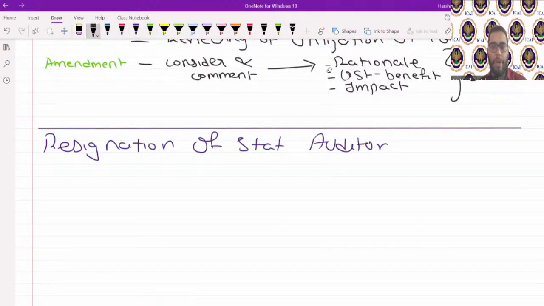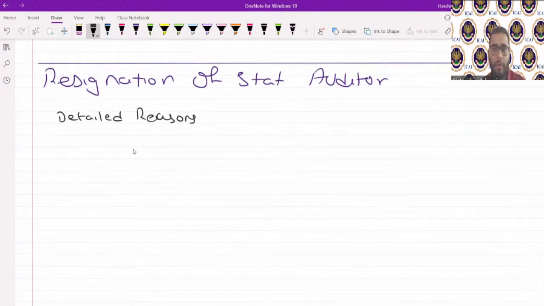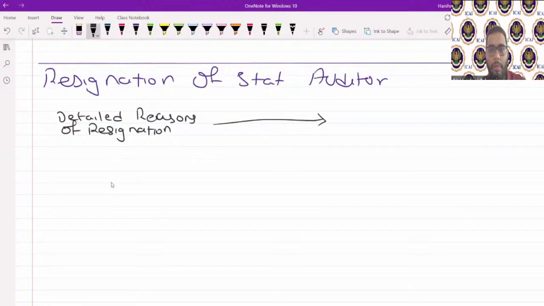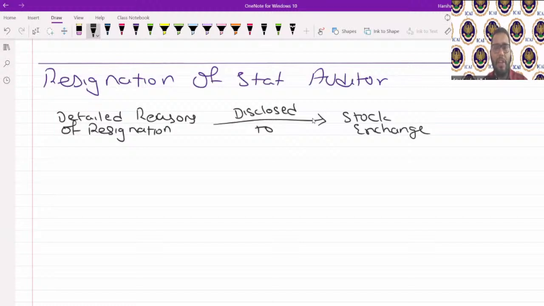We are talking about resignations of statutory auditors. As per the SEBI LODR regulations, in case an auditor resigns, then detailed reasons of resignation are required to be disclosed by the listed entity to the stock exchange.